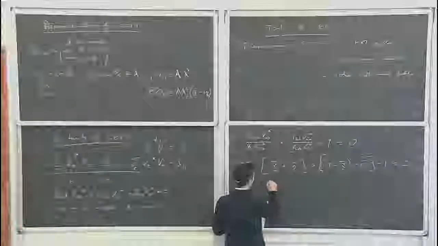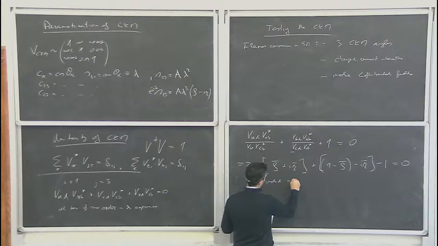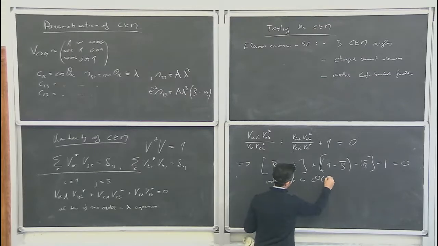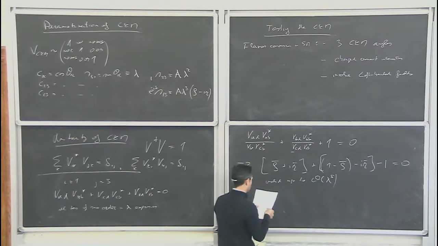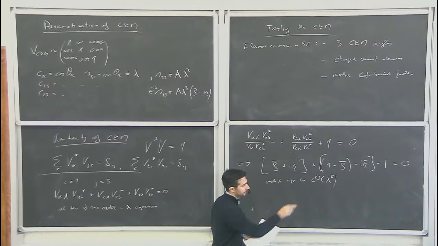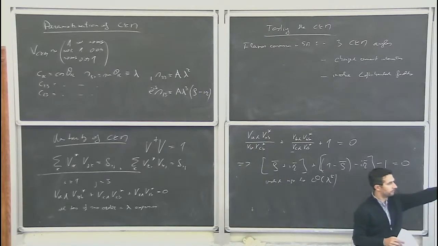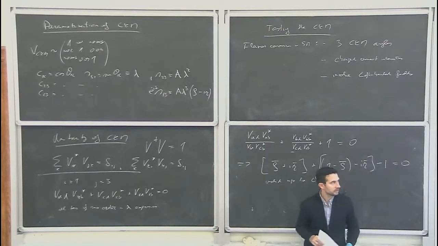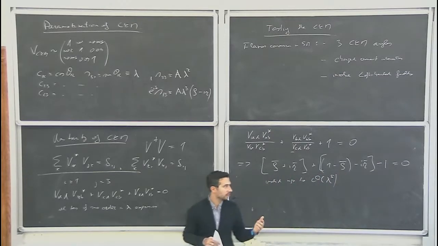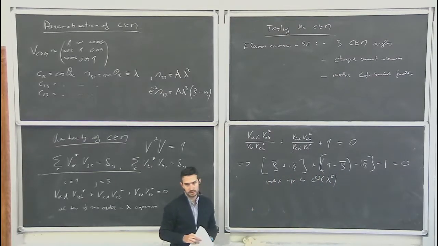And so this relation is valid up to order lambda to the 5th, as it's written out, where I've just used a replacement of rho and eta with rho bar and eta bar, which is just rho and eta multiplied by 1 minus lambda squared over 2.